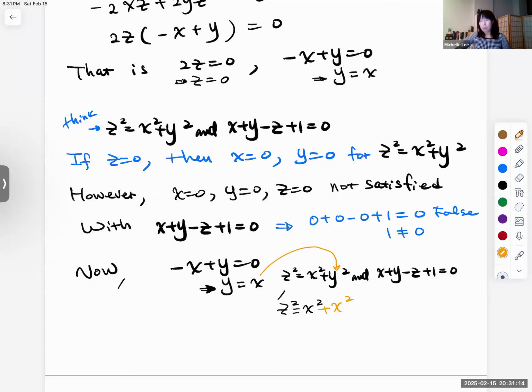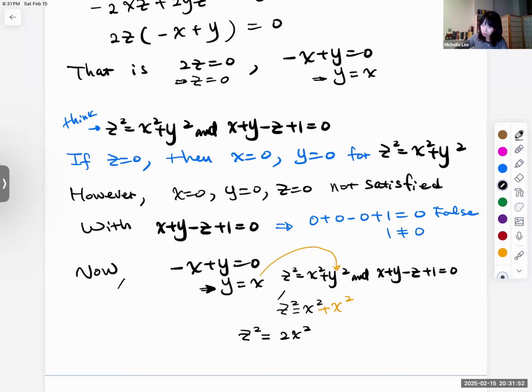Then we can solve for x. So we have z squared equal to 2x squared, right? We have to satisfy the two constraint equations. I'm not using the function notation, so constraint equation, right?